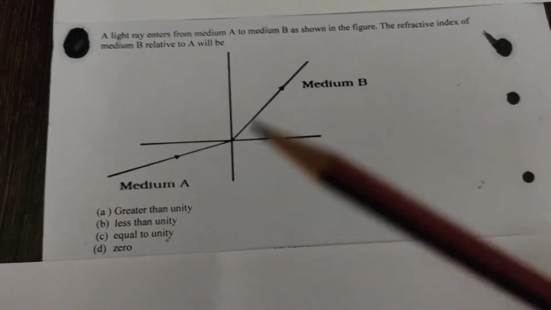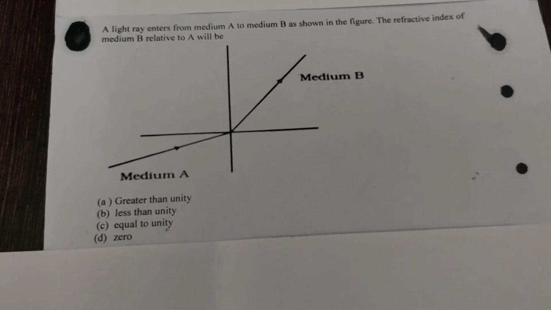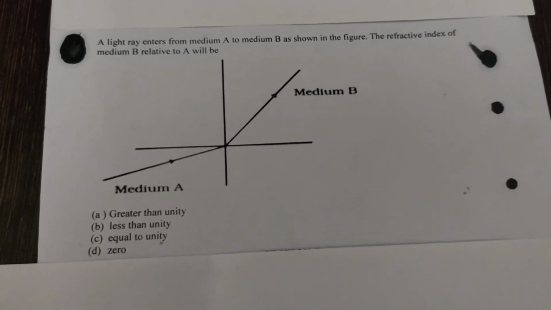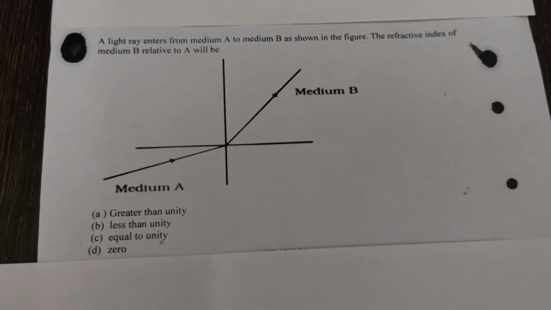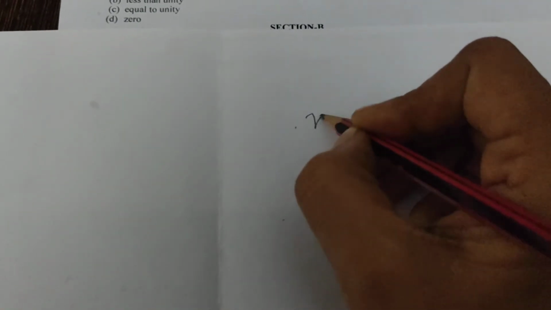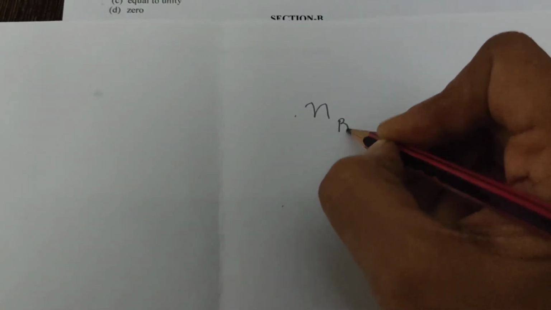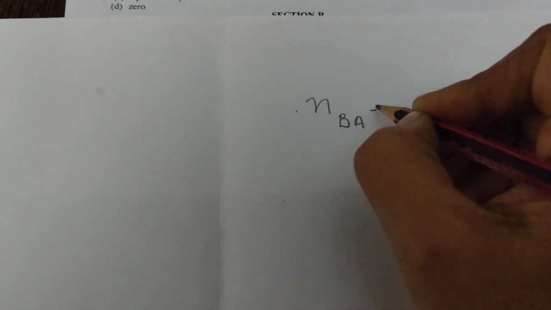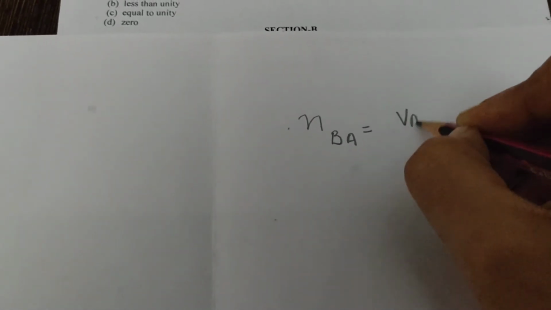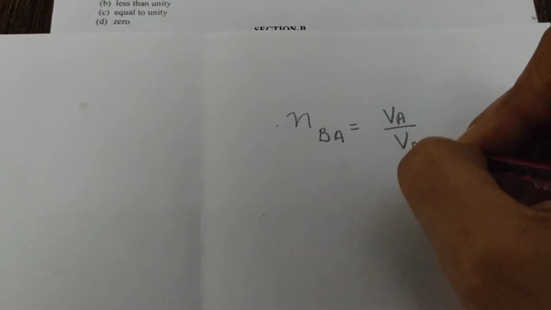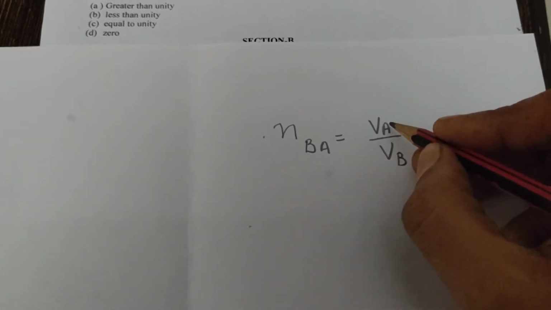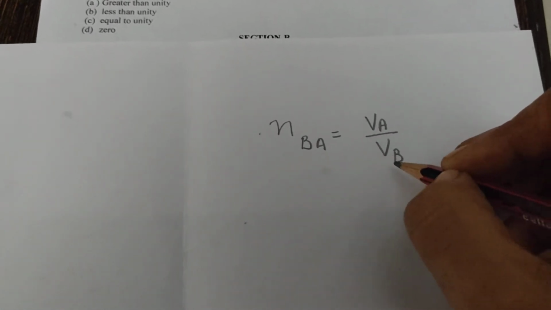So we know the formula for refractive index in terms of speed of light in the two media. We know that refractive index of medium B with respect to A is equal to VA upon VB, speed of light in first medium upon speed of light in second medium.